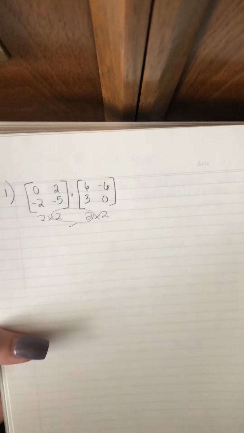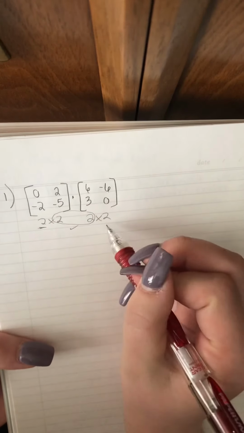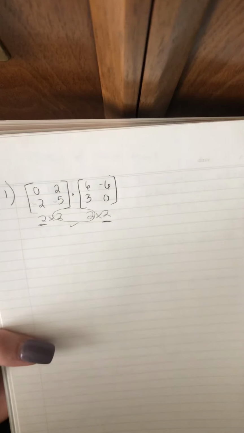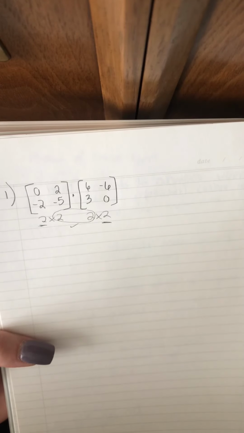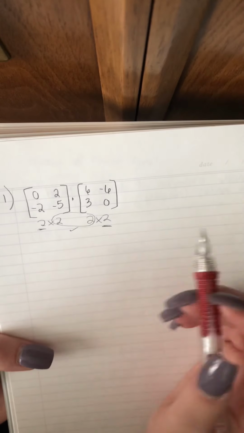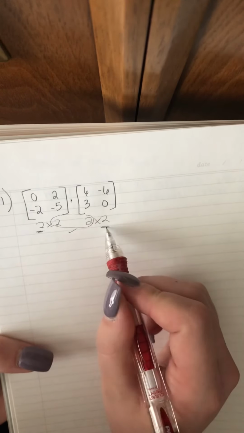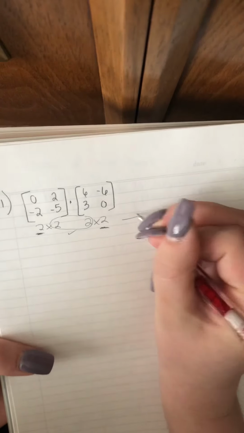Now, it's nice because the other numbers tell you the dimensions of the new matrix, which is the next thing you would want to know if you're doing this by hand, which you are. So the rows of the first matrix and the columns of the last matrix are going to be the dimensions of your answer.